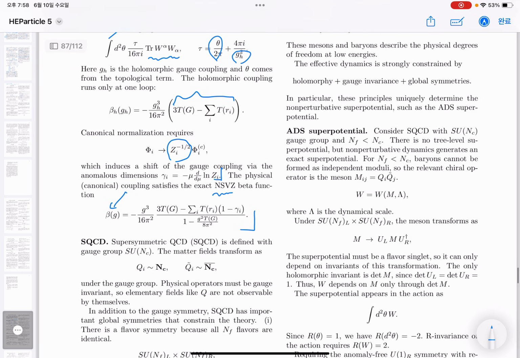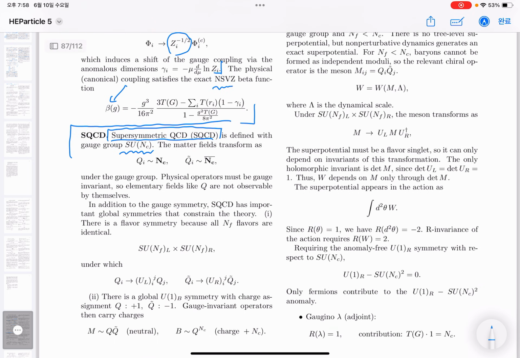Based on this fact, we will apply the holomorphic constraint to a specific model, for example, supersymmetric QCD, or briefly SQCD. The SQCD is defined with the gauge group SU(NC), where NC is the number of colors.